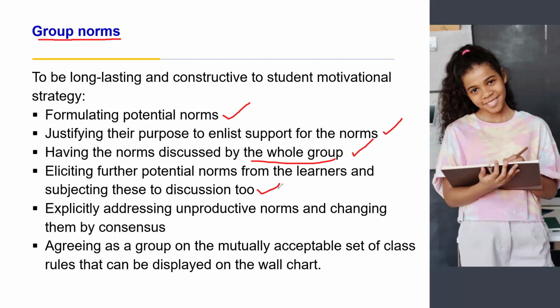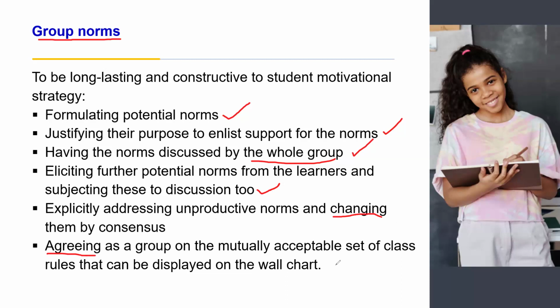And then the next one, they need to discuss that, and if anything changes, the whole class needs to agree in order to make the change. So when the group has that, we can set up this rule and then display it in any possible way in the classroom.